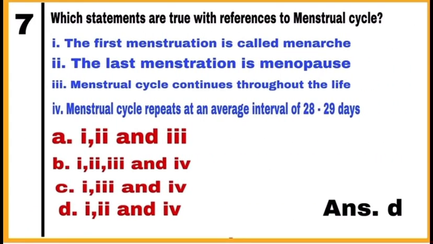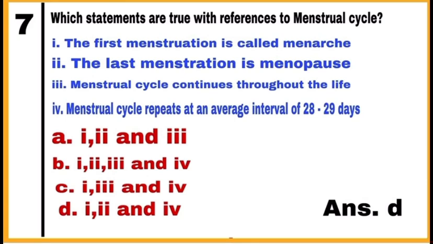Question 7. Which statements are true with reference to the menstrual cycle? Statement 1. The first menstruation is called menarche. Statement 2. The last menstruation is called menopause. These two statements are true. Statement 3. Menstrual cycle continues throughout life. No, this is wrong.